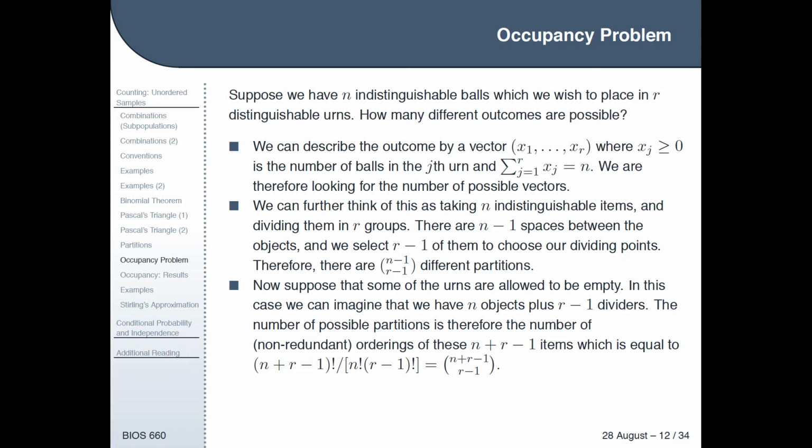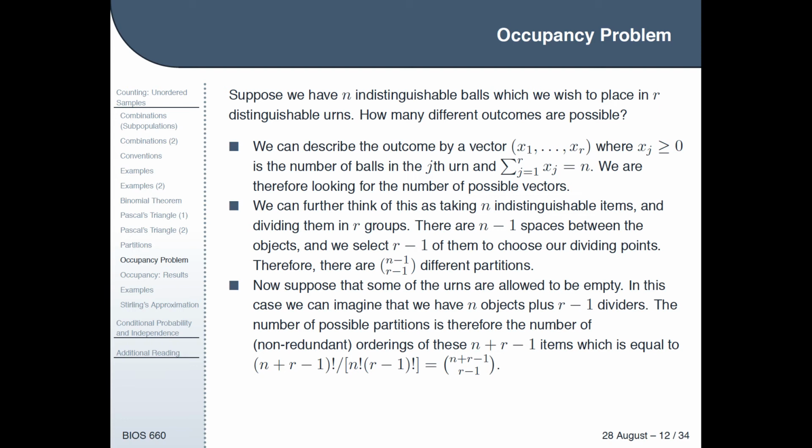I designed this example under the assumption there's fewer balls than urns, although as I think about it, I think the same logic would work. Well, would it? Yeah, for the first scenario, I think you do have to assume r is less than n. The second scenario, I think, may still work because you're allowing for the possibility of empty ones.